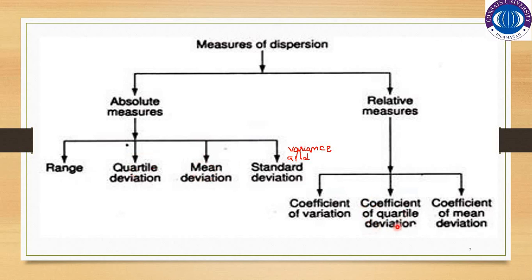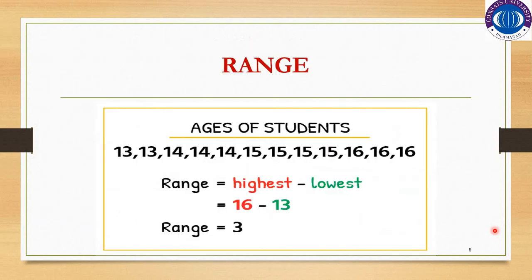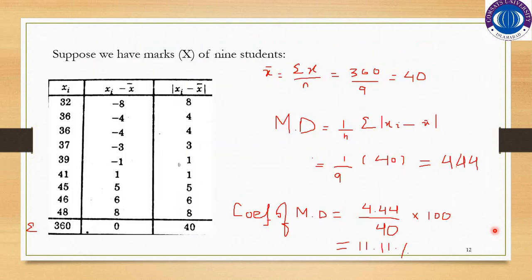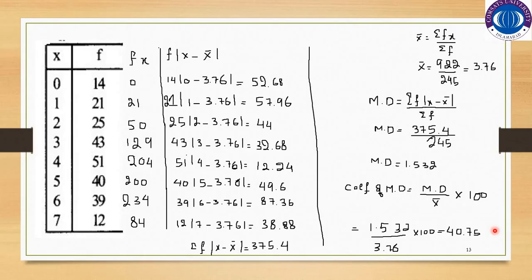Similarly, coefficient of quartile deviation and coefficient of mean deviation. Now you can calculate all these values, and we come to know how to apply the formula for mean deviation and coefficient of mean deviation.